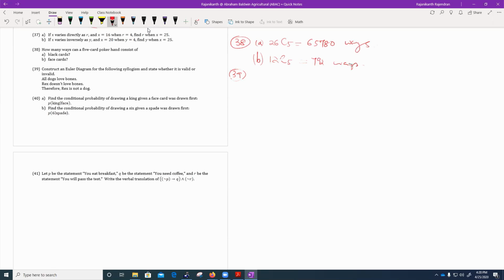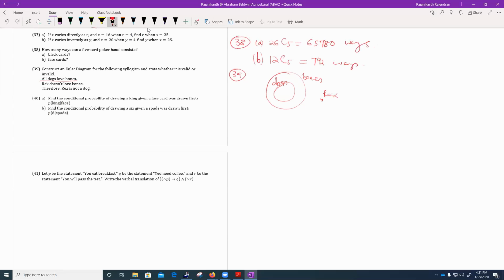Construct an Euler diagram for the following syllogism and state whether it is valid or invalid. So you have a similar formula here. All dogs love bones. So you have two sets here. I'm setting two objects, and the dogs is a set inside bones. But Rex doesn't love bones, so that means Rex will be outside of bones.